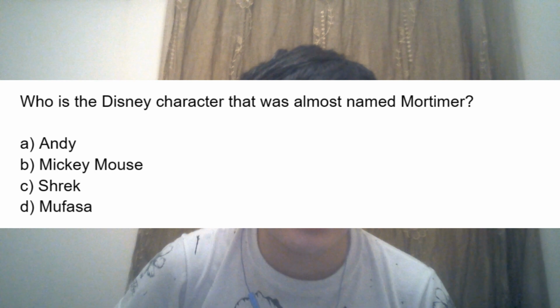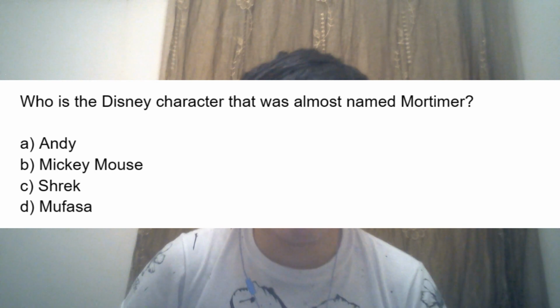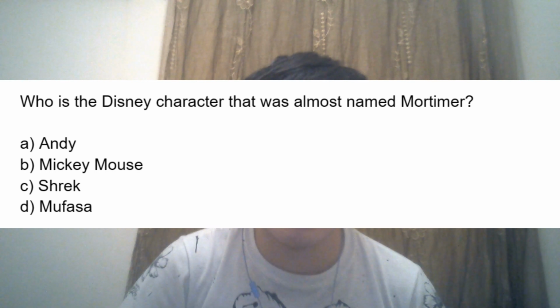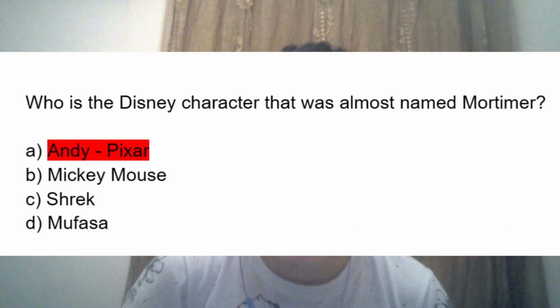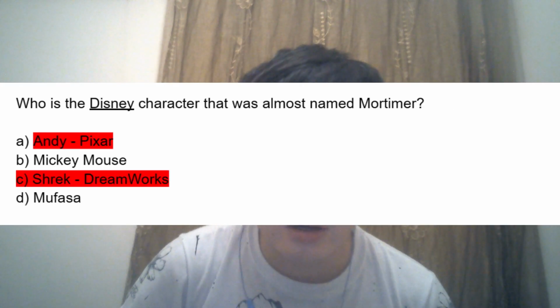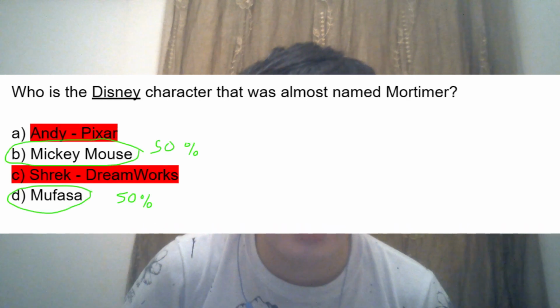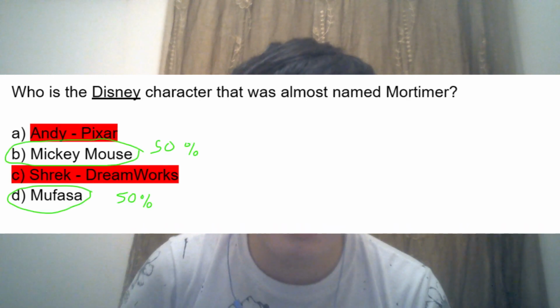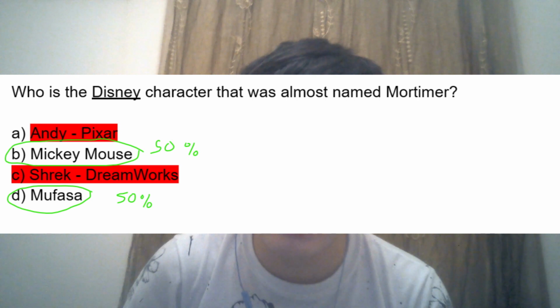We have the choices A, Andy, B, Mickey Mouse, C, Shrek, D, Mufasa. By process of elimination, assuming that you know that Andy is a Pixar character from Toy Story and Shrek is a DreamWorks character, then you can cross those two out. Then you only have two choices here. And from that, there's a 50% chance of getting the answer right if you don't know it yet.